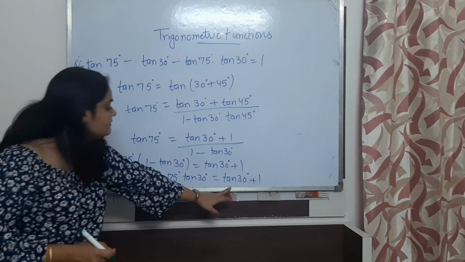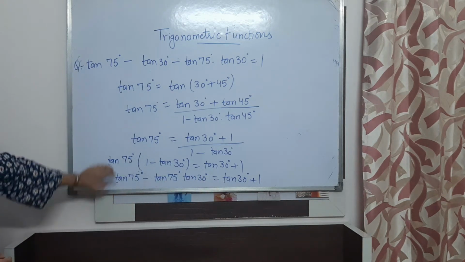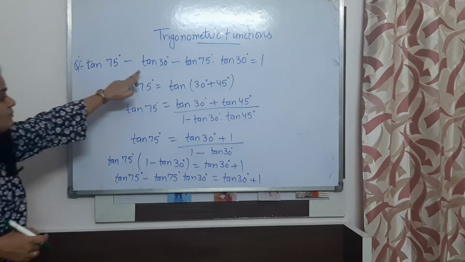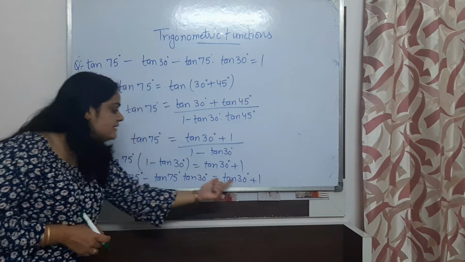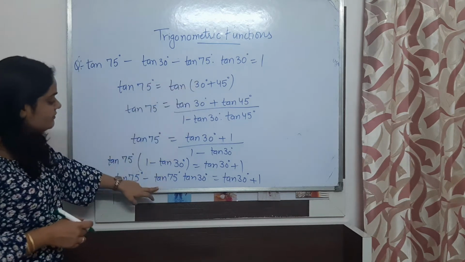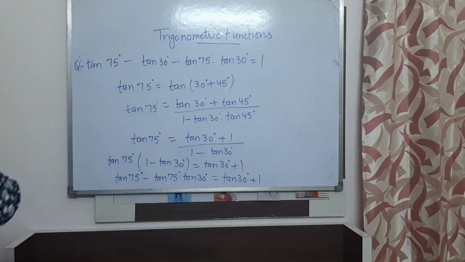And when tan 30 comes to this side, it becomes negative. So this is the same thing that we wanted to prove: tan 75 minus tan 30, here it is plus tan 30, and when it goes to this side it becomes minus tan 30, and minus tan 75 tan 30 is equal to 1.